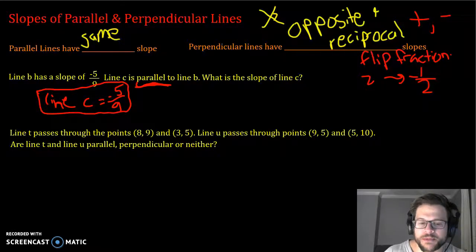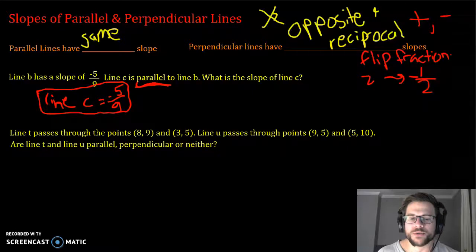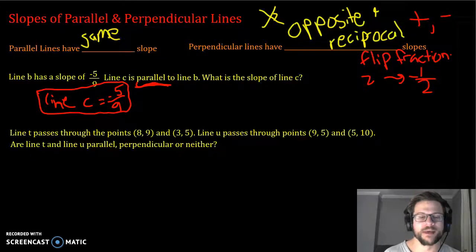There is no specific relationship to indicate all of the other options if they're not parallel or perpendicular. So we're given coordinate points to represent what the lines pass through, which means we're going to have to use our slope formula to determine the slopes of each of the lines first, then compare them to see if they are the same or if they're opposite reciprocals, or if they don't have any of that.